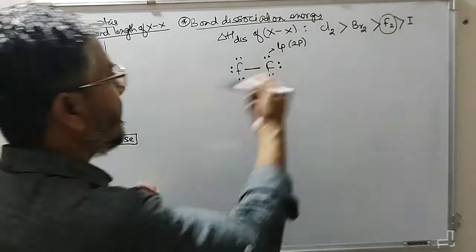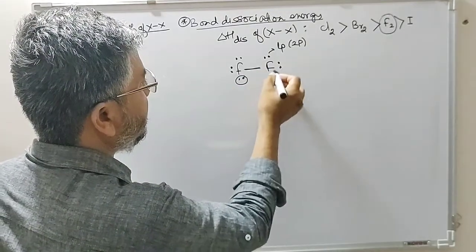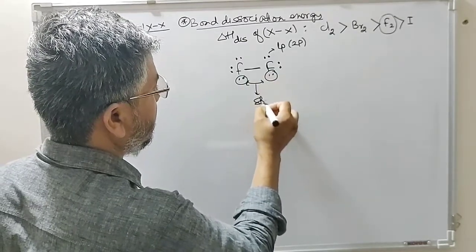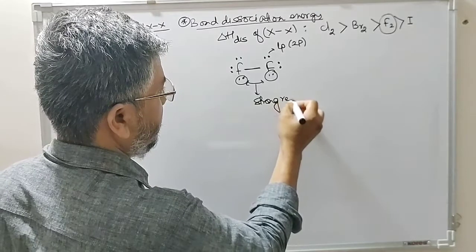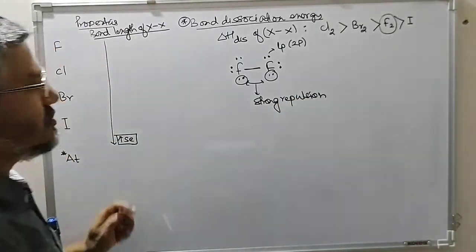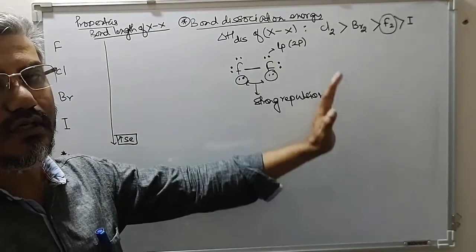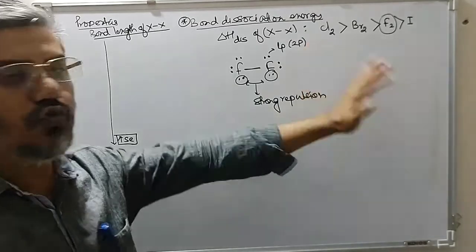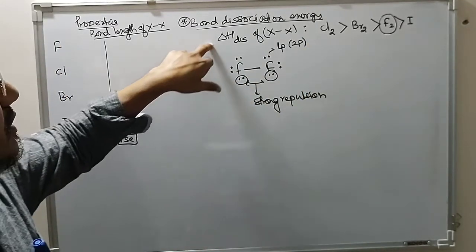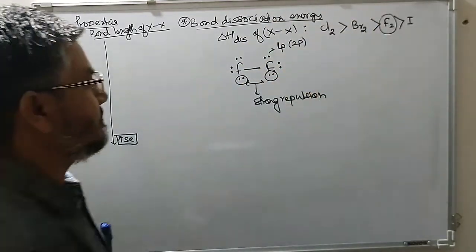So these lone pairs undergo strong repulsion. So this strong repulsion between non-bonded electrons of 2p orbital is responsible for the low bond dissociation energy of fluorine.